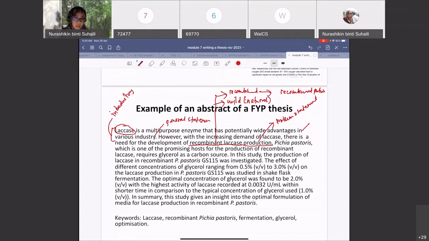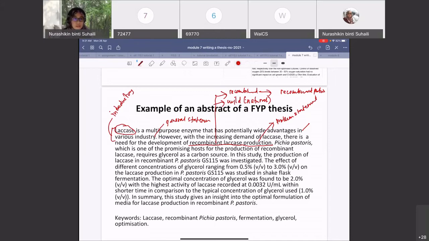It's a recombinant organism. And the product, which is the laccase, is called recombinant laccase. So I just want to explain in this context what is meant by production of recombinant laccase. Whatever the reason why people go for recombinant is because, for example, of course there are natural laccases produced by wild organisms, but the production is very low.